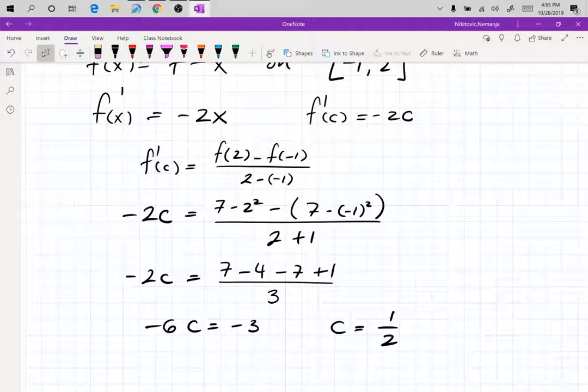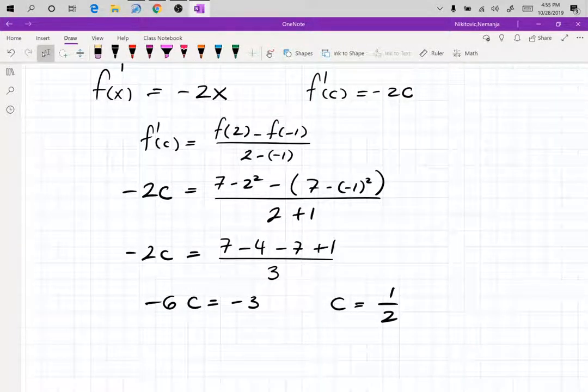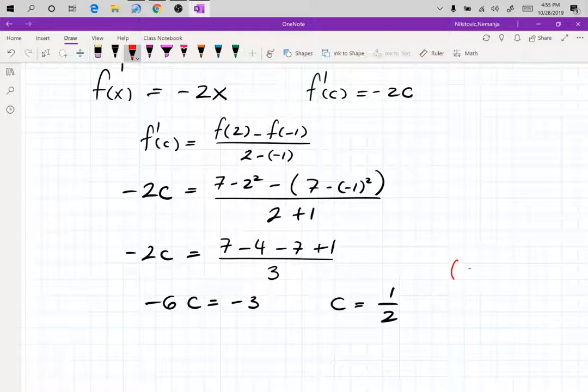So for the interval negative 1 to 2, you have c equals 1/2, where the slope of the tangent line and the slope of the secant line will have the same value. You can check that because you can find those slopes. So clarification over here.